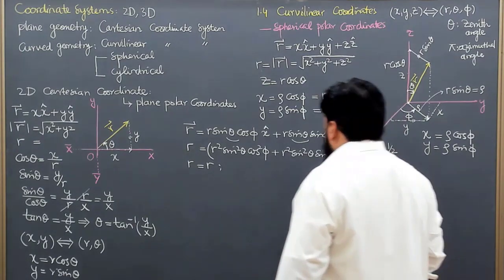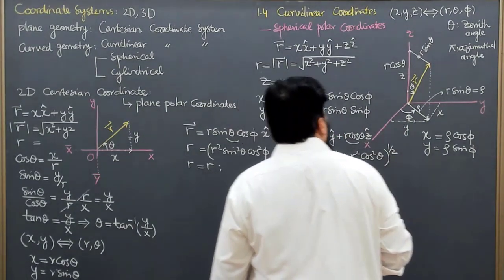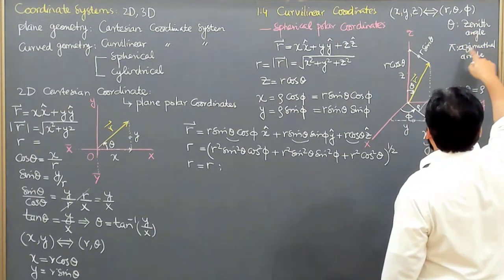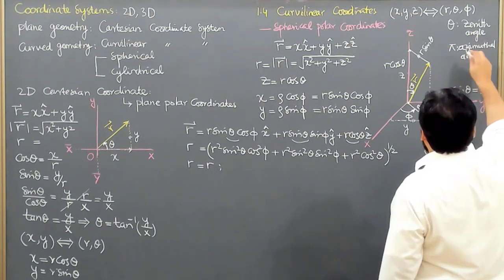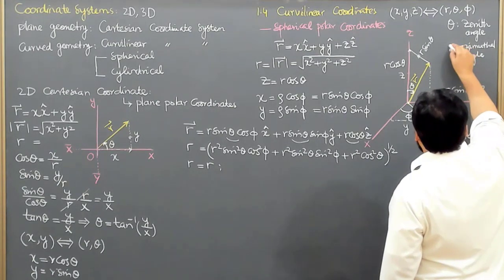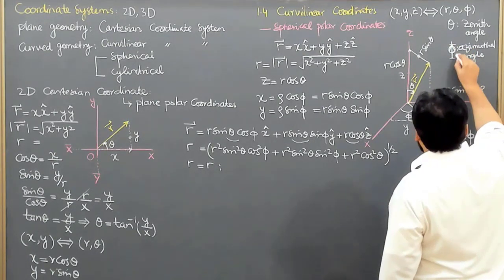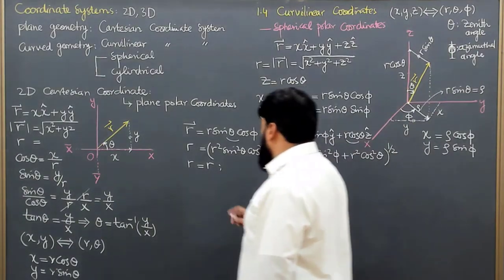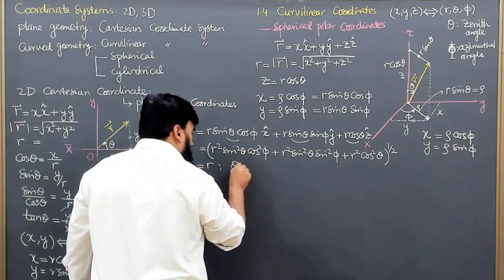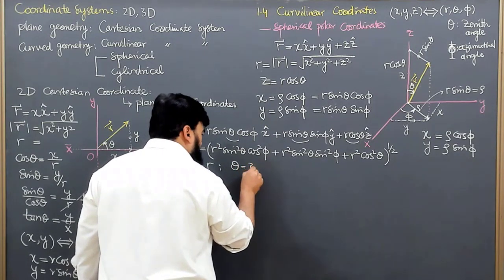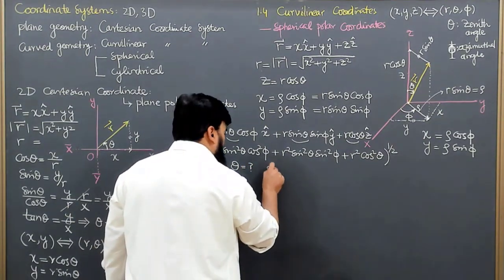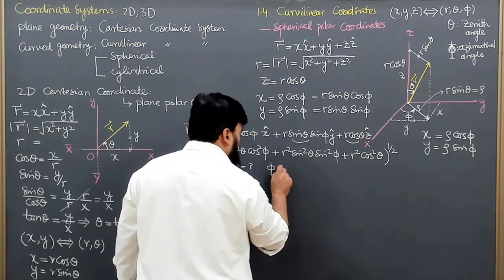Now we want to find out the theta value and the phi value here. This one is this phi. So r is equal to r, but what does theta equal in terms of the spherical polar coordinates, and what does phi equal in terms of spherical polar coordinates?